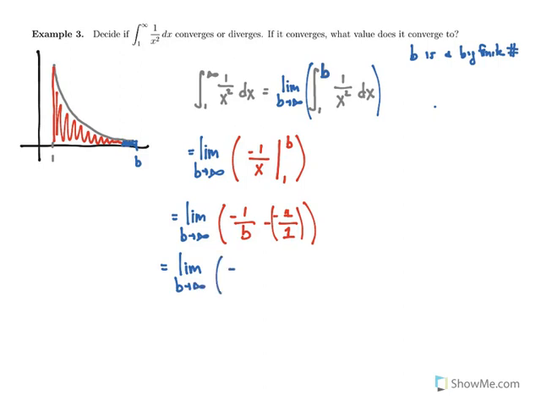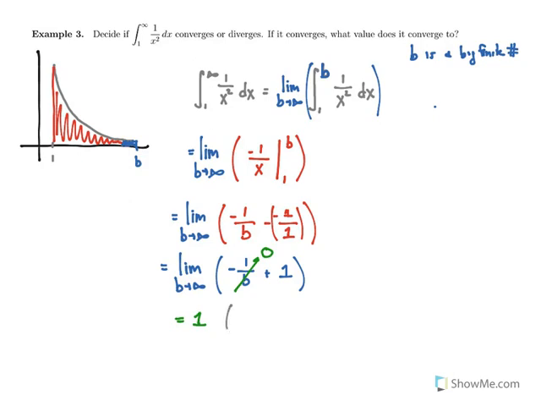Again, that's going to be negative 1 over b plus 1. And if I take this limit, if b gets really, really big, this 1 over b is going to go to 0, which means this whole limit is equal to 1.